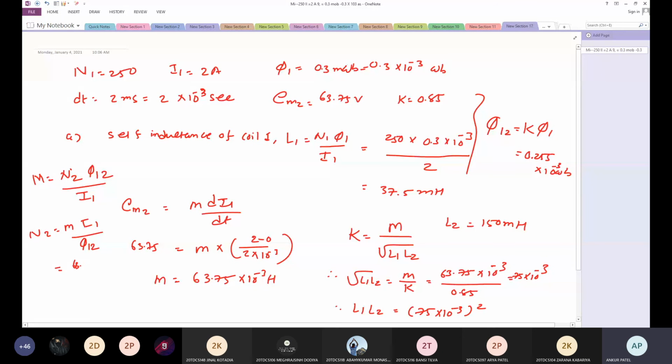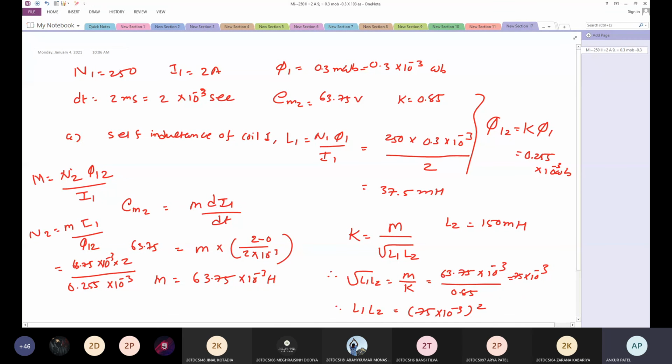So 63.75 into 10 raised to minus 3 into 2 divided by 0.255 into 10 raised to minus 3.